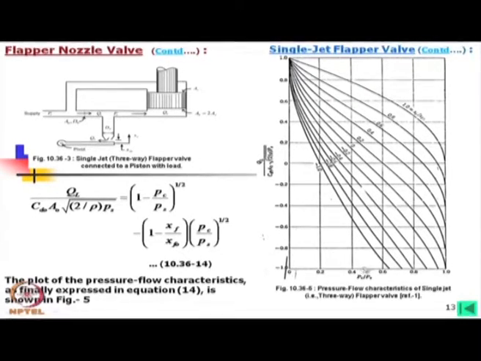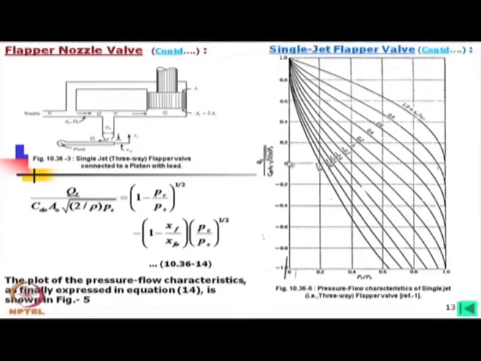Now, in this case also this is same as the spool valve. So abscissa is same as, it is different from the 4-way valve, but here we have considered only one side of this curve.